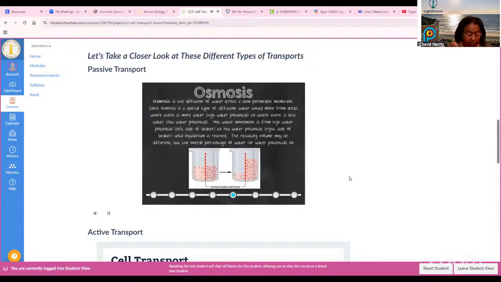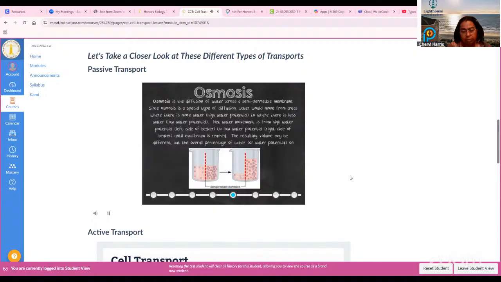Osmosis is the diffusion of water across a semi-permeable membrane. Since osmosis is a special type of diffusion, water would move from areas where there is more water, or high water potential, to where there is less water, low water potential. In this diagram, the solutions in the beaker are separated by a semi-permeable membrane, which is represented by the red line. The membrane only allows the pink water to pass through and not the solute, which is represented by blue circles.